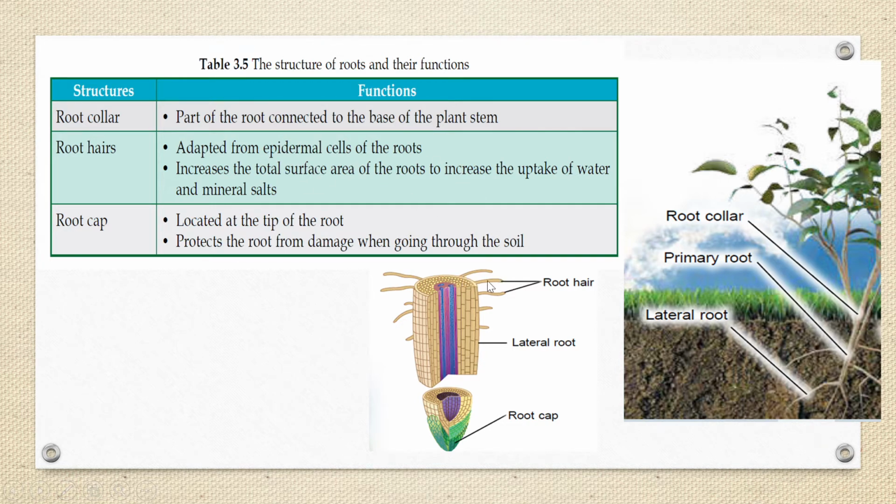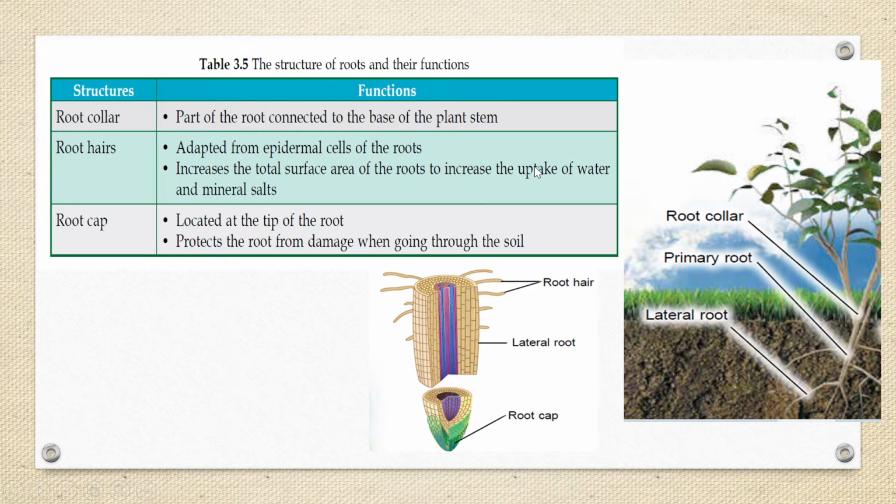And why does this root hair need to be in this extended, elongated manner? It's because the function of the root itself is to absorb water and mineral salts, and the plants need to absorb a lot of them.